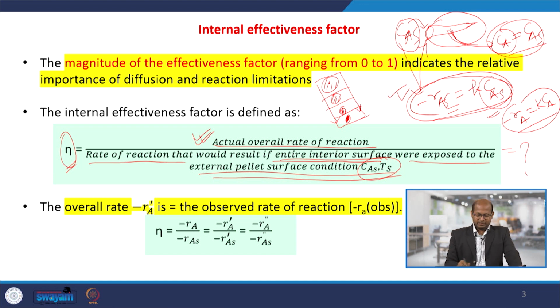But that is not always possible, so some concentration gradients or differences will be there.